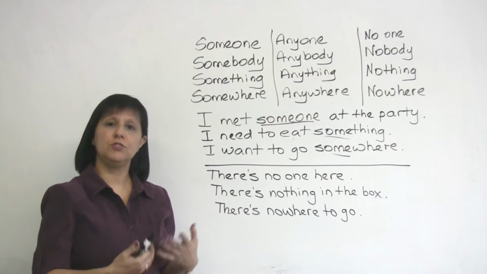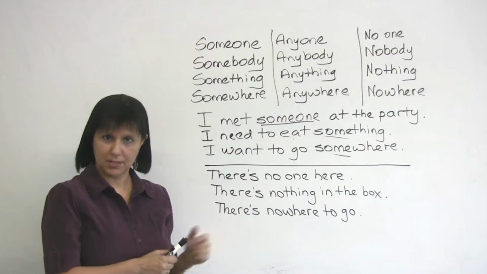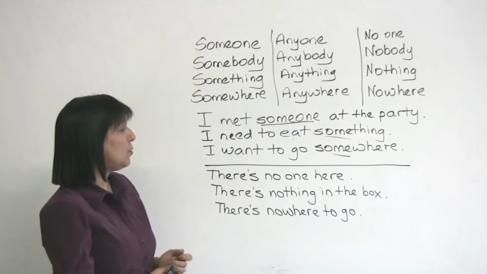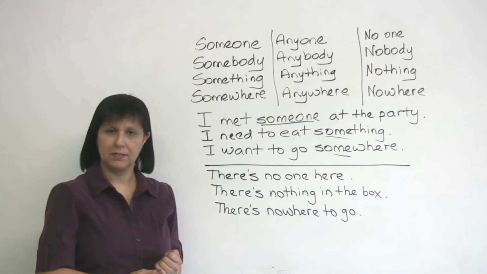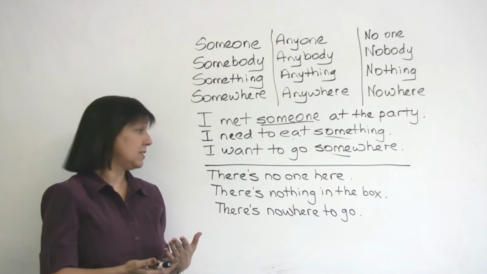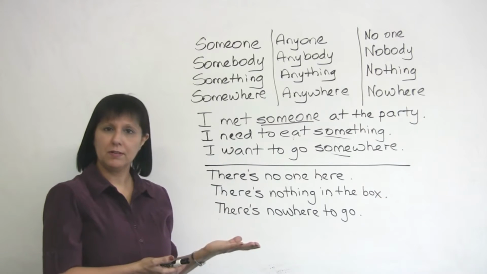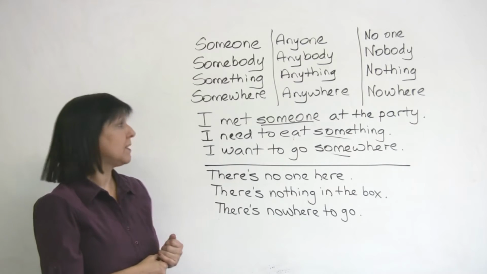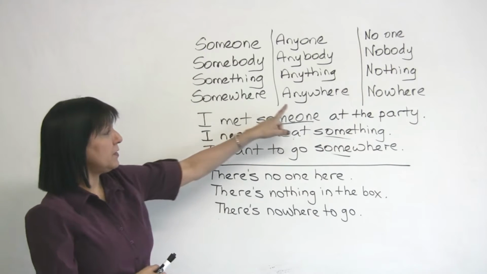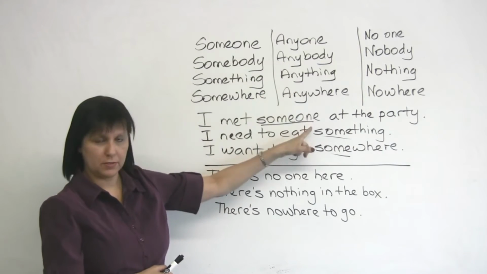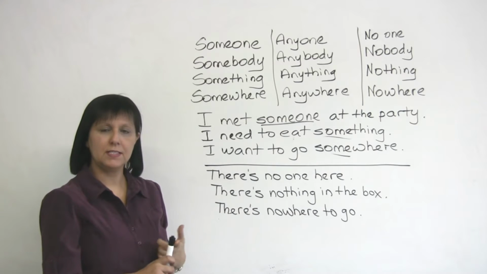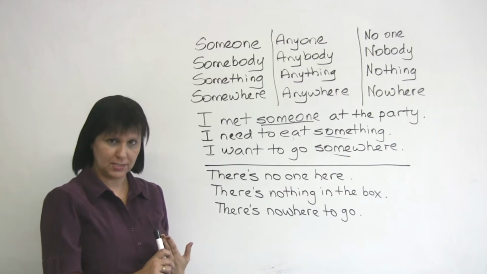Question, do you need to eat anything? Right? I want to go somewhere. Let's turn it into a question. Do you want to go anywhere? Right? So you see how we're using the any words for negative sentences and for questions.